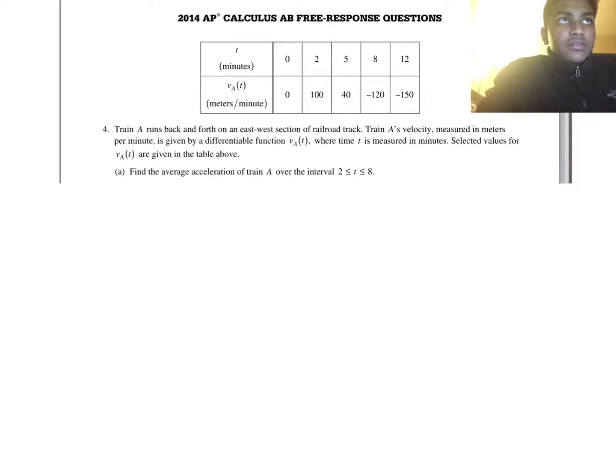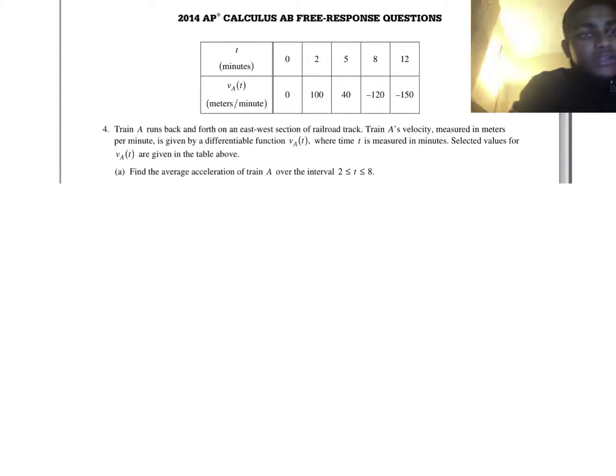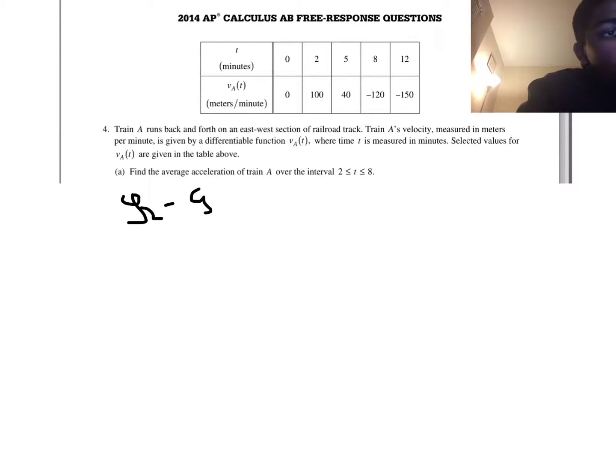Find the average acceleration over the interval 2 less than or equal to t less than or equal to 8. So average rate of change is always given by a slope formula like y2 minus y1 over x2 minus x1.